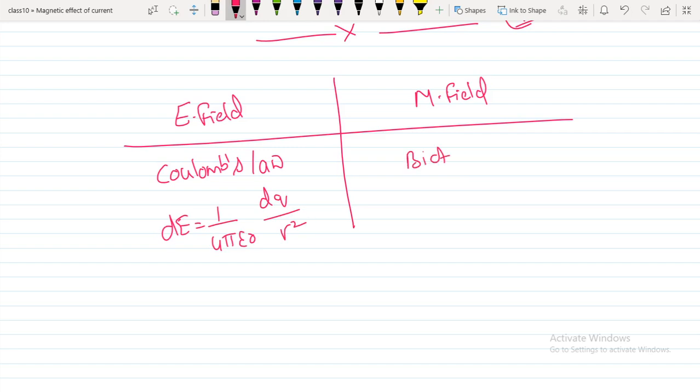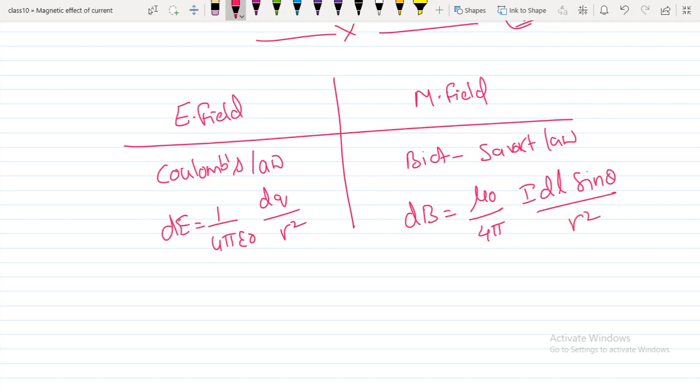The magnetic field according to Biot-Savart law: dB equals mu naught upon 4 pi times I dl sin theta upon r square. Now let us find the similarities first.